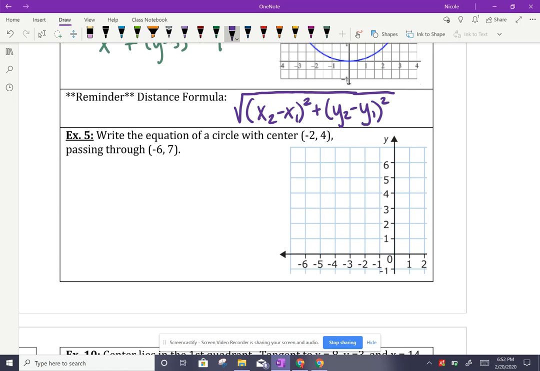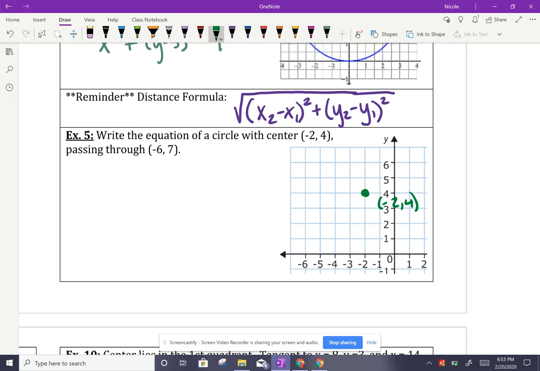So for example, a circle with a center at -2, 4. So -2, 4, this is the center. And there's another point on the circle. So the center is in the middle, but the point that the circle is passing through is a point somewhere on the edge of our circle.